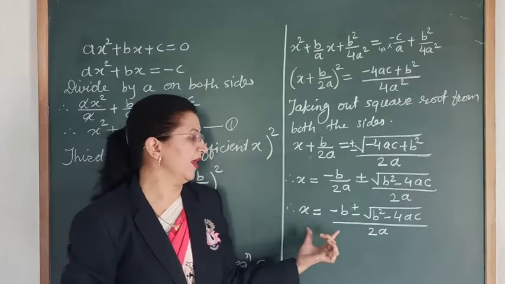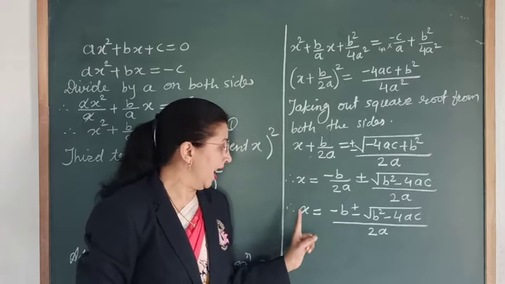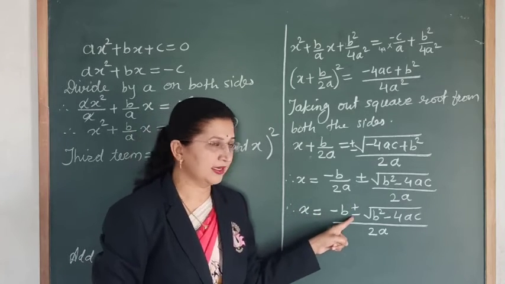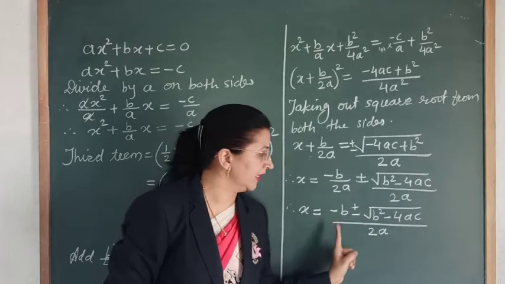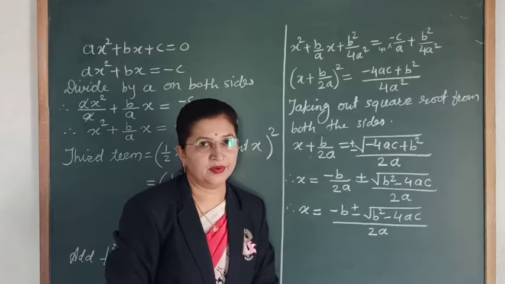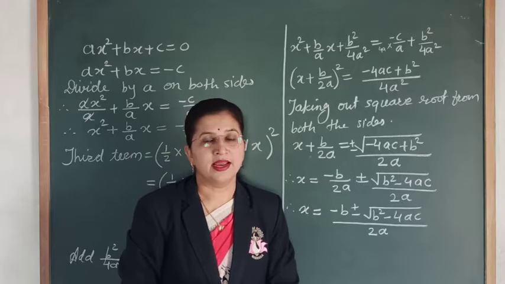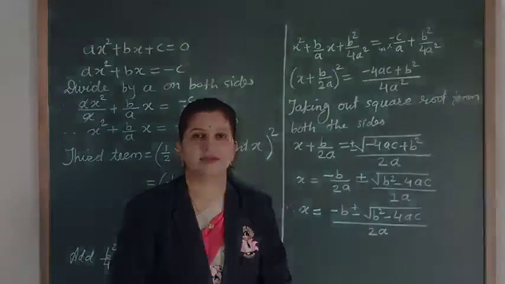Okay. So in this way we got the formula to solve the quadratic equation, that is x is equal to negative b plus minus under root b square minus 4ac upon 2a. By using this formula we now have to solve the quadratic equation. So let's see some examples.